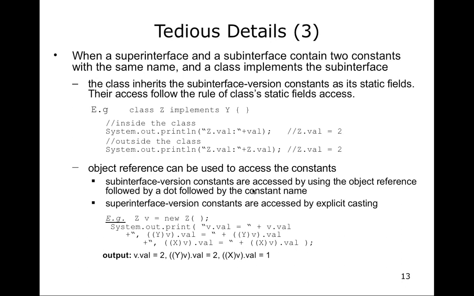So it's just as if it were a class and you're accessing it from the class access level. So inside of the class Z, and outside of the class Z, we can actually access it as if it were static. Well, it's a class. So it comes from class Z, whether it's inside or outside of the class. So it works just like a static field, static data member. All right, I'm not going to go through the rest of this because you're never going to do this, but it's tedious.